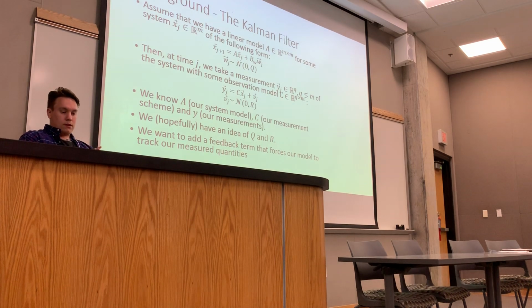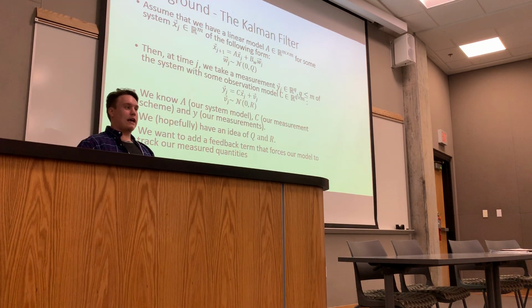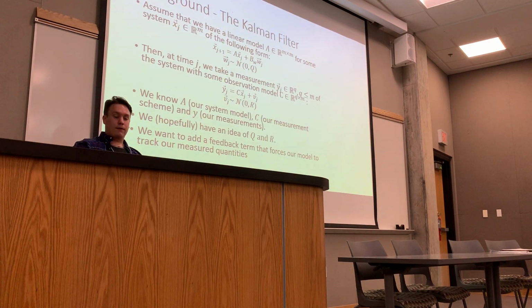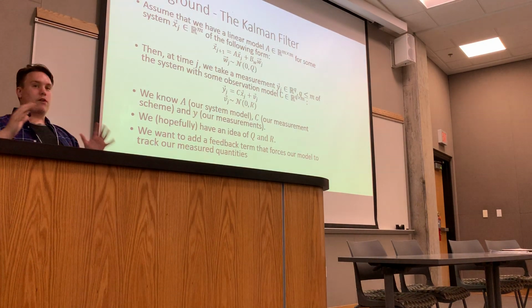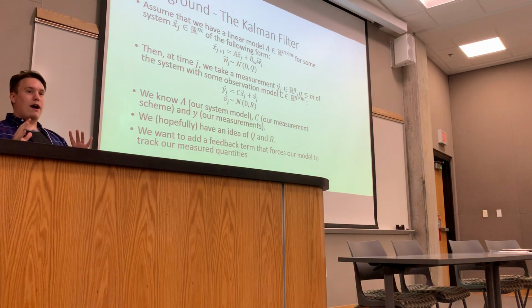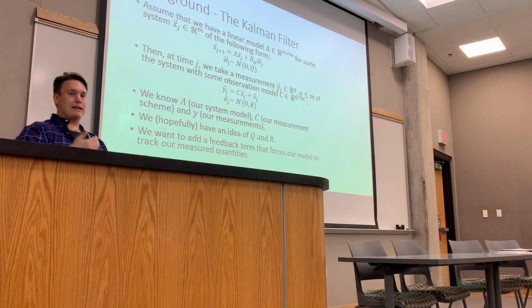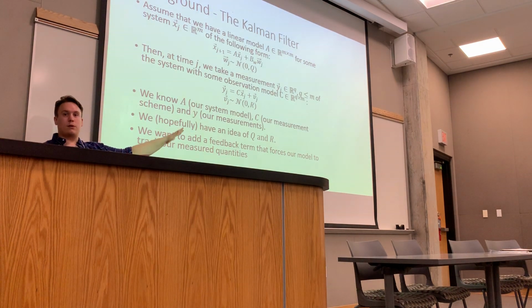So, we have a linear model. We have this big matrix A that tells us how our state changes from time j to time j plus 1. And then we have that error that tells us how far apart the real system is from what our model predicts it should be. And that's this matrix Q, as I mentioned earlier.